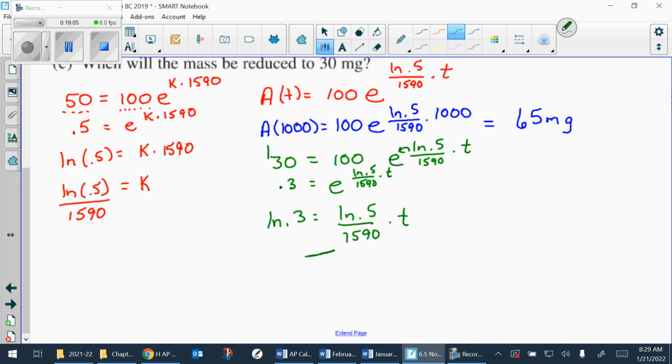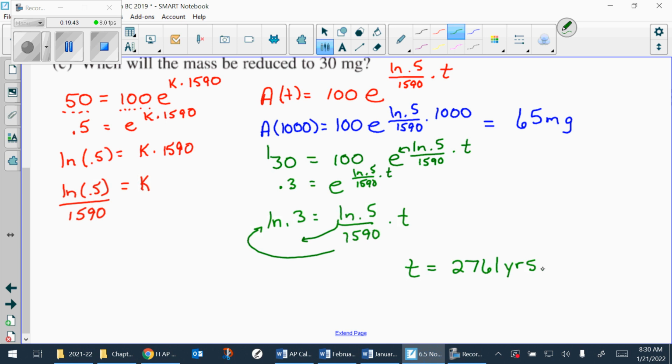And if I multiply both sides by 1,590 and divide each side by the natural log of 0.5, well, you see what you come up with. Again, I'm speculating it's going to be something greater than 1,590. And I'm getting something in the 2,761 year range, which to me makes sense. It is bigger than the 1,590.